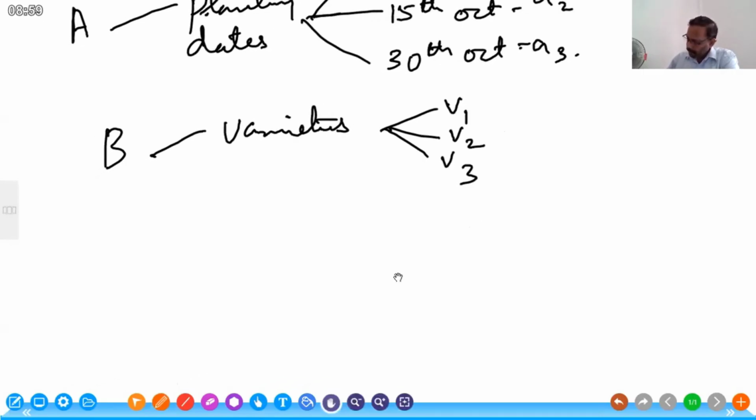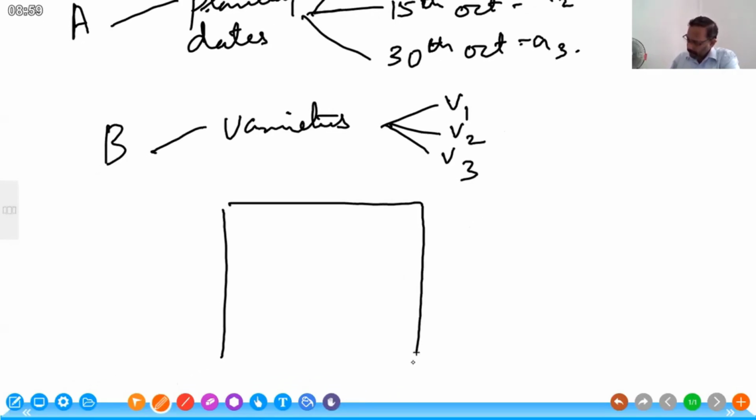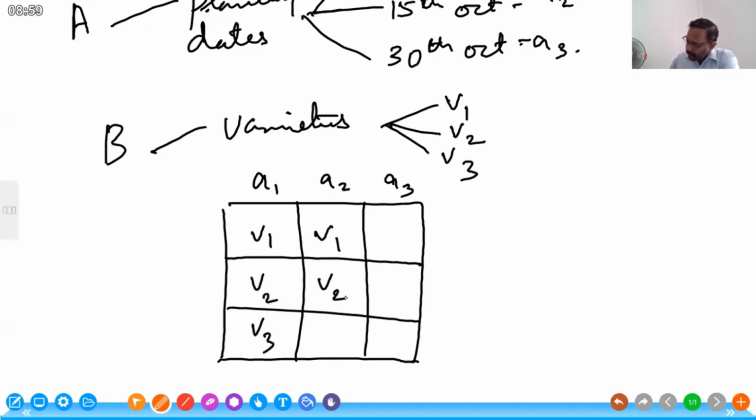Now, if you put up the set, so this is the planting date, A1, A2, A3. This is before randomization. I will talk about randomization later. Now, we can say 3 varieties, V1, V2, V3.